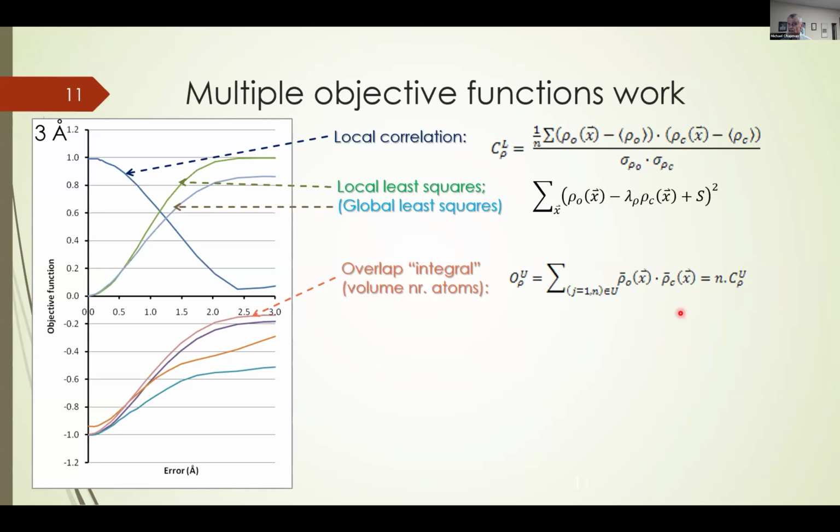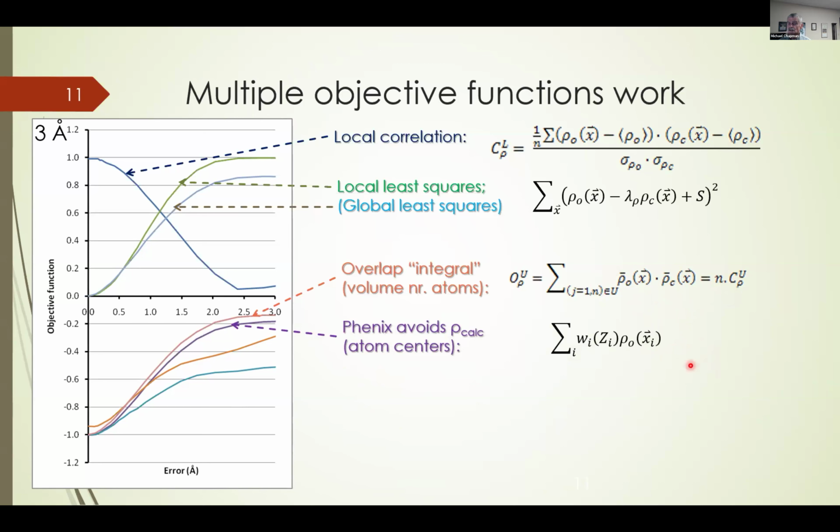It becomes a lot quicker if instead of using the map at all grid points, we now use just the map at all atomic centers. Now, this makes for a pretty fast approximation, and you can go even further.